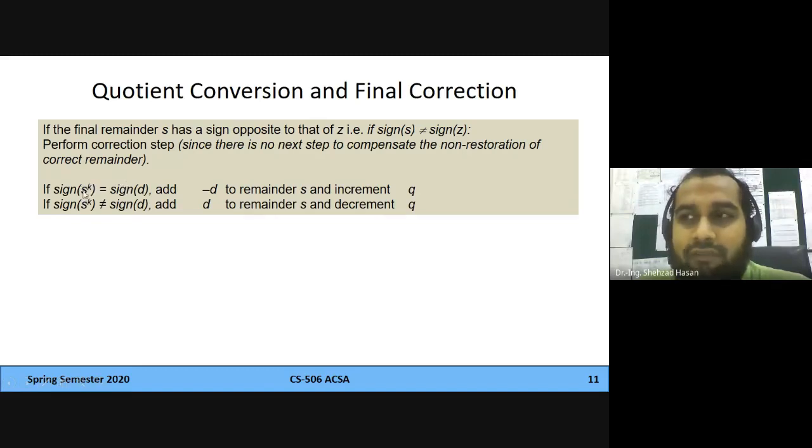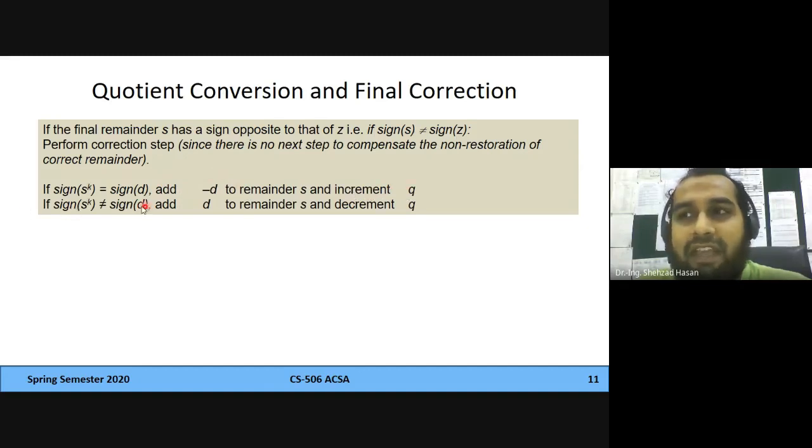Otherwise you cannot change it. If both of them are positive and you want to make the remainder negative, you need to subtract that value from the remainder, and then it's going to be negative, right? Subtraction means you add minus d, and once you do a subtraction, you increment q.